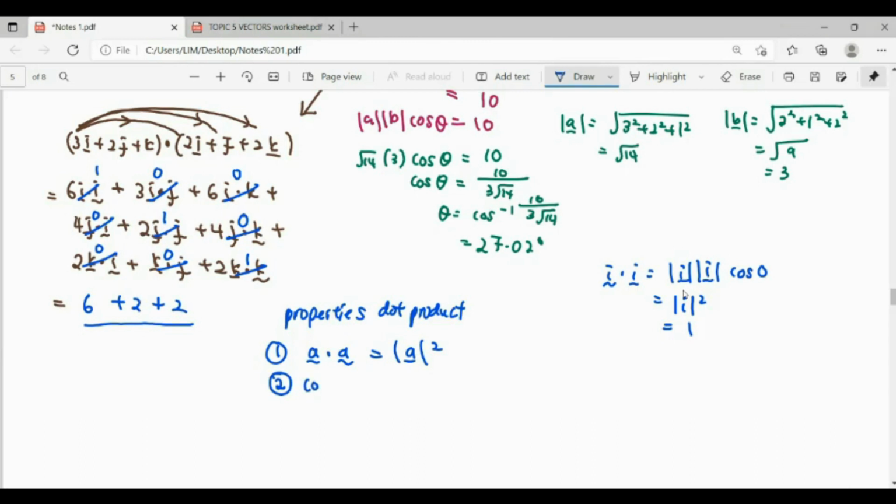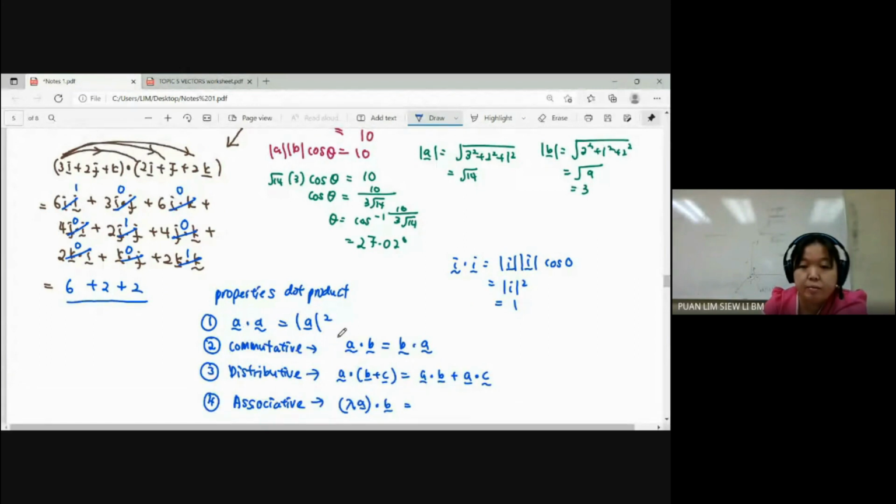So of course we also have a commutative law. Bila kita buat dot, kita boleh buat A dot B sama dengan B dot A. So kita boleh tukar position dia. Okay, commutative bermaksud A dot dengan B. So kita kena faham bila A dot dengan B, maksud tersirat dia ialah dia cakap pasal angle between them.